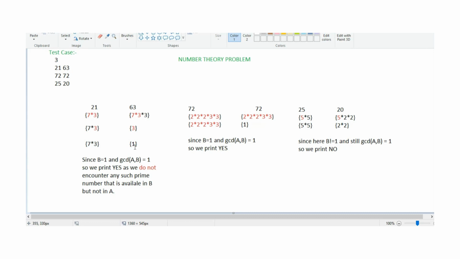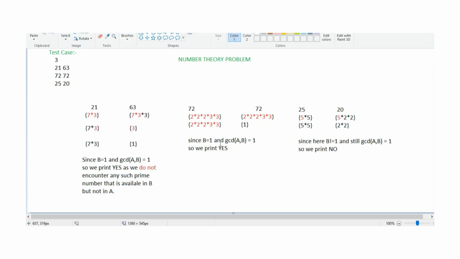So here is the catch: if b becomes 1 and the GCD of a and b becomes 1, then we do not get any prime number in b that is not present in a. All the factors of b are dividing a, so our answer is yes.